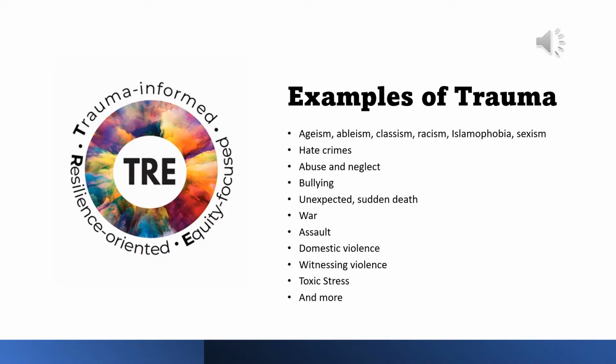This list is just a few examples of trauma. The goal of trauma-informed care is to widen your lens and increase your awareness of what trauma is. Often trauma occurs in a subtle way we may not even be aware of, such as through implicit bias or systematic trauma.